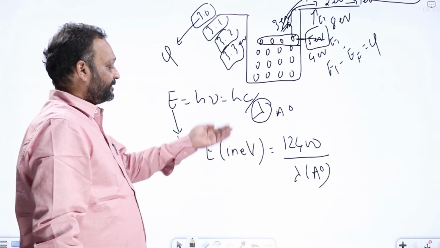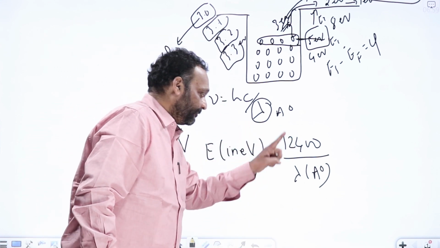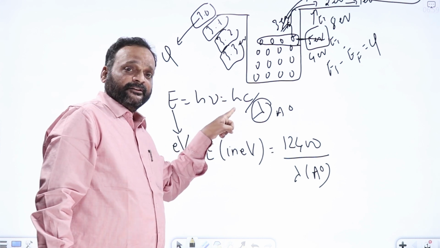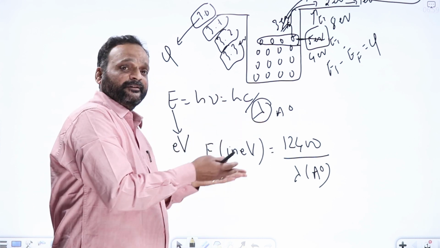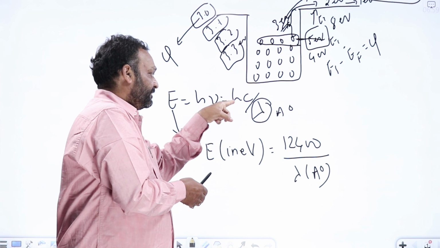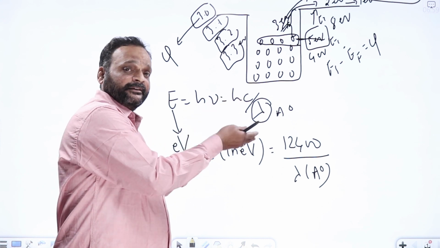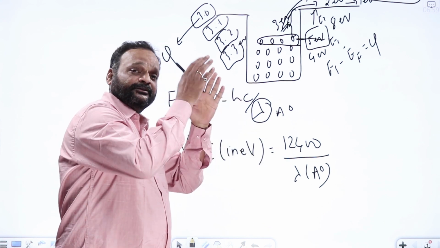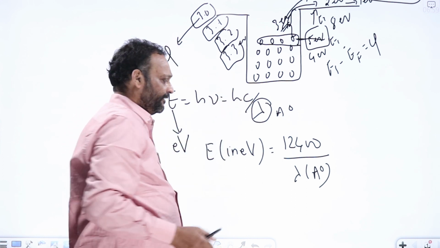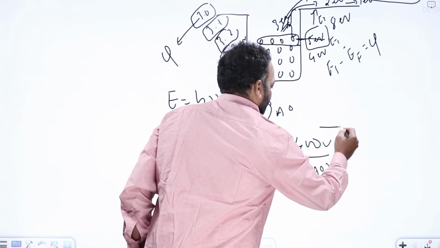I'll substitute the value of h and the value of c, simplify, and get the energy in joules. Then I convert meters into angstroms and joules into electron volts. All those conversions I'll do, and I'll get this ready-made formula.